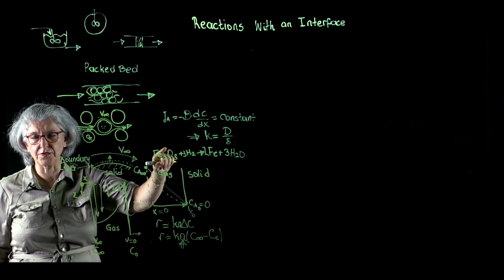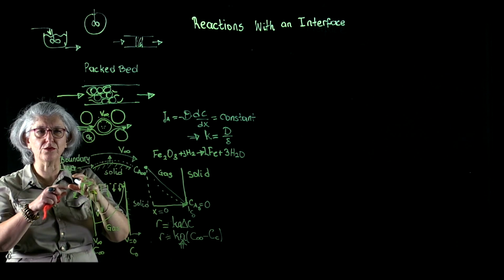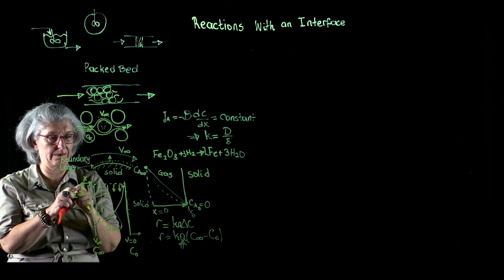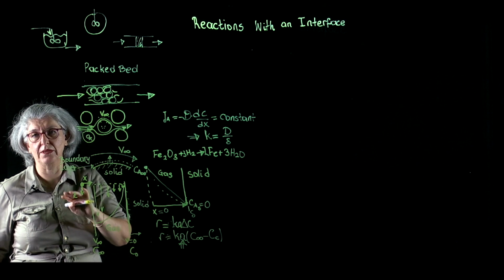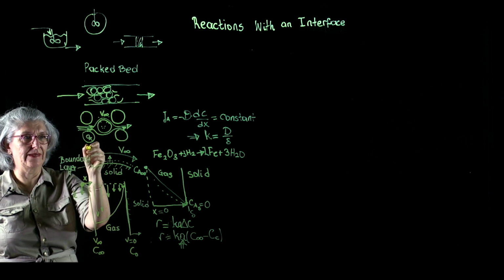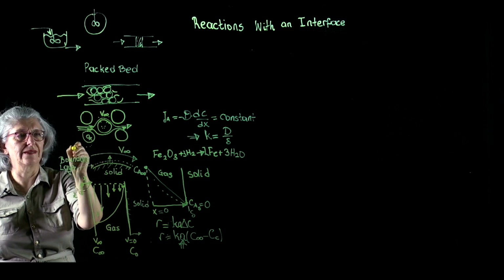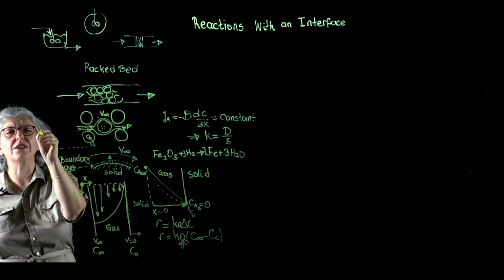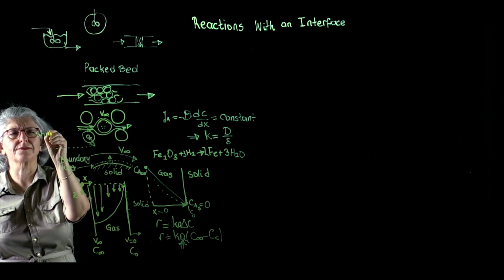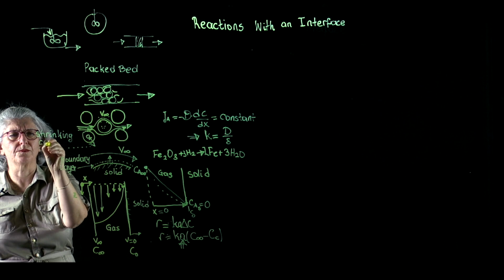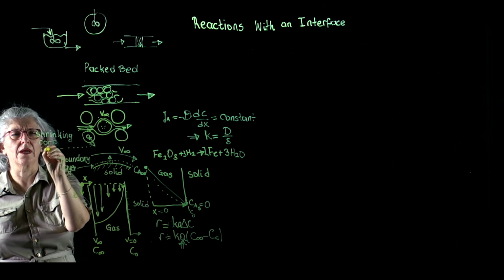So as a function of time, our core is going to shrink, and eventually it will disappear. This is what I discussed here, the shrinking core model.